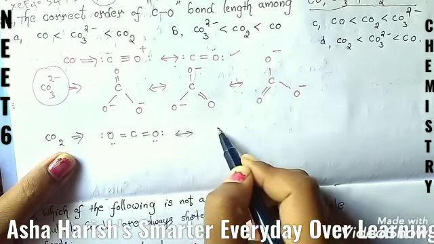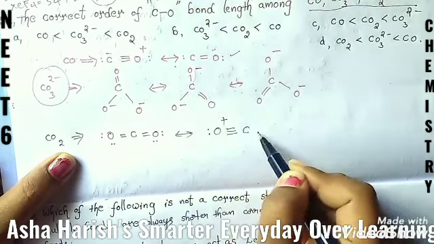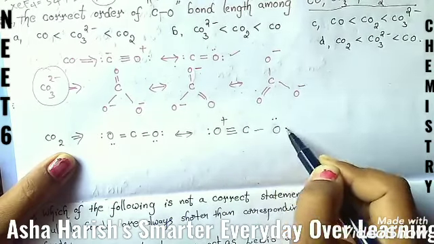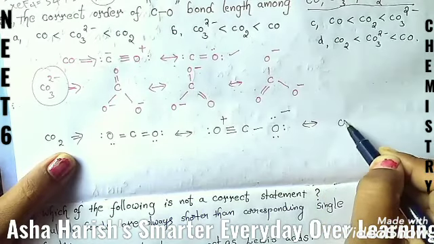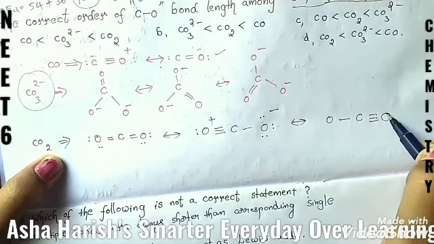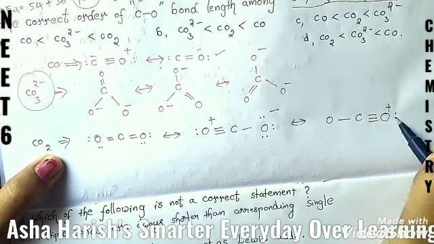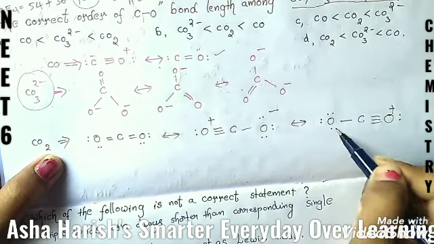And this we can also draw as a pair of electrons, triple bond carbon O, and also oxygen here, single bond carbon, triple bond oxygen, plus pair of electrons like this.